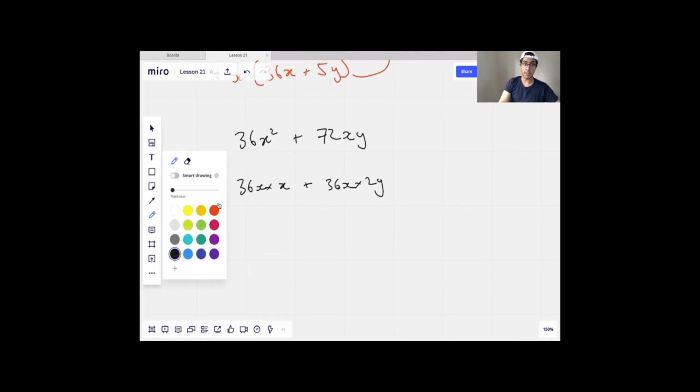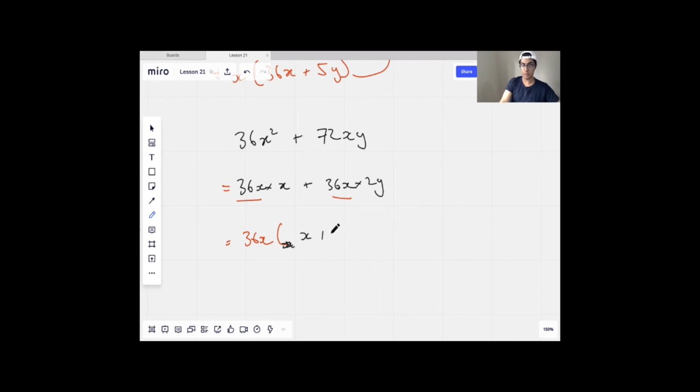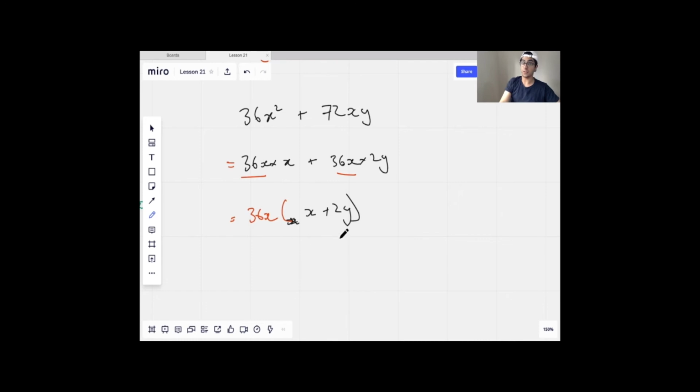So again, we've got a common factor here. We can take the 36x. Sorry, I keep forgetting the equal sign, and this is a bad habit actually. Make sure you put the equal sign straight away. So 36x, we can take that out and leave in the brackets x plus 2y, like that. So that's factorization.